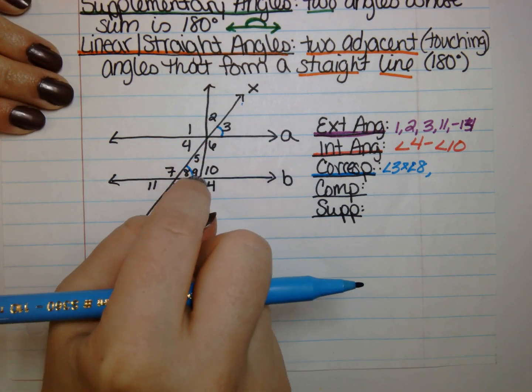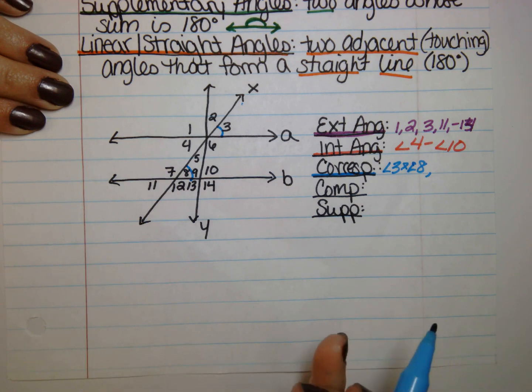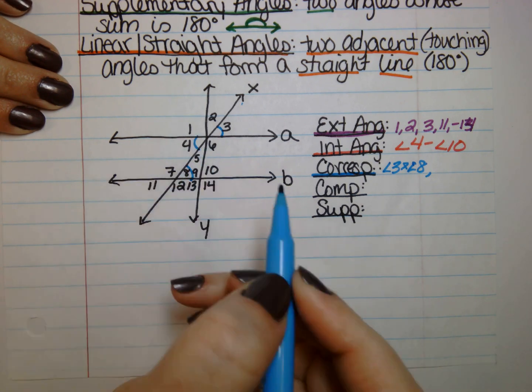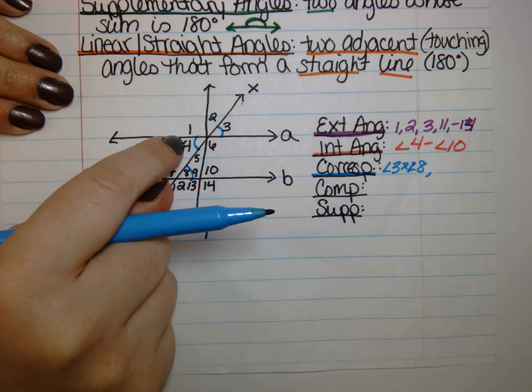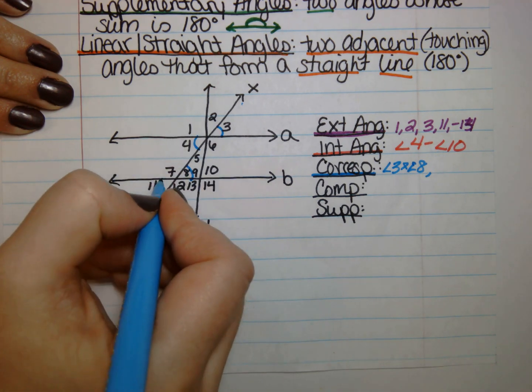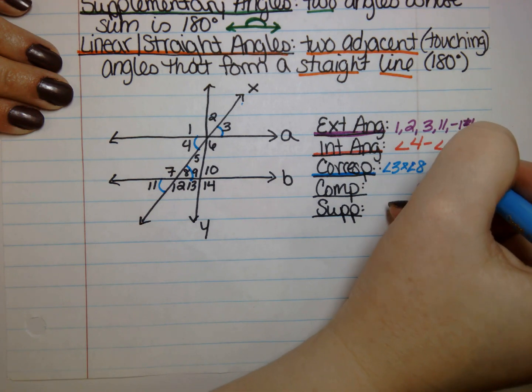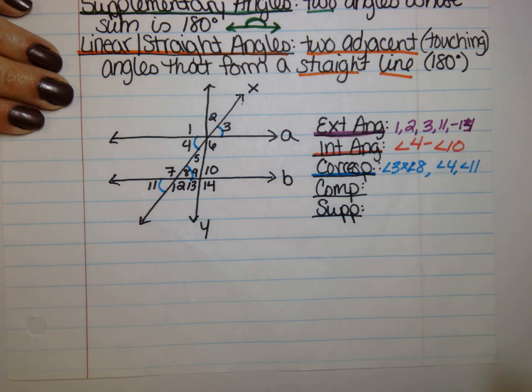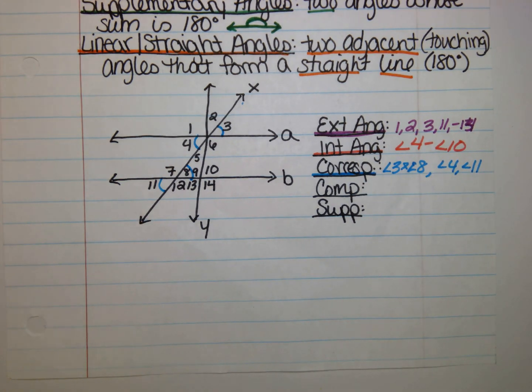So they're both small angles, so we can assume that that's correct. If I have angle 4, it's below and to the left. Below and to the left would be angle 11. Those are just 2 examples, but you have many more. So again, just remember your vocabulary terms when you're determining these.